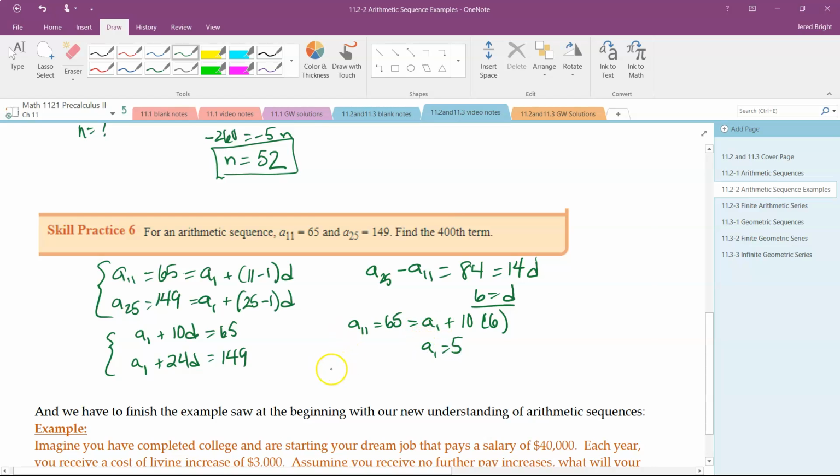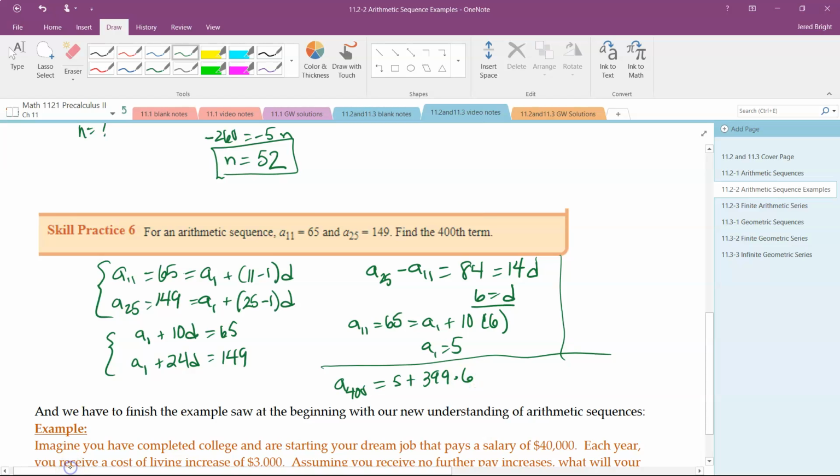With all of this now, we did a lot of sidestepping. We had to go back and find some things. But now that we have our first term and the common difference, you can go back and find that a of 400 would be 5 plus 399 times 6.